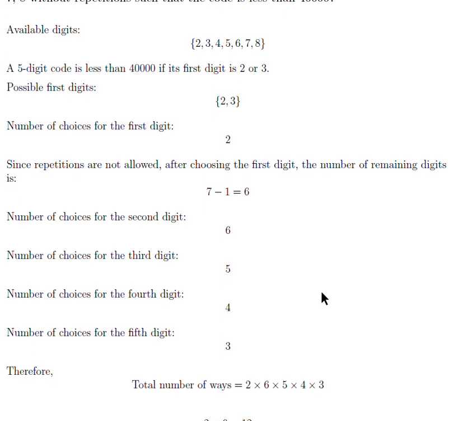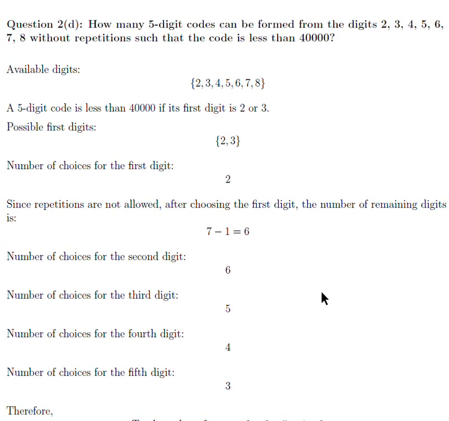Now I want to see a case where repetition is involved. Of course, this particular example is just similar to the last one. The only difference here is that we're saying the code is less than 40,000 in this case. That means our first digit must be 2 or 3. The moment our first digit is 4, the code will already be greater than 40,000.